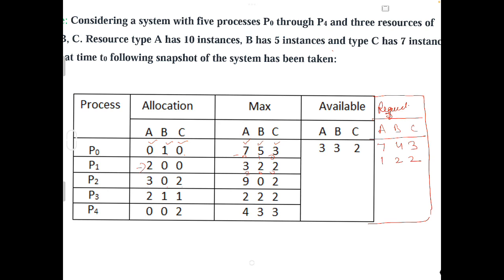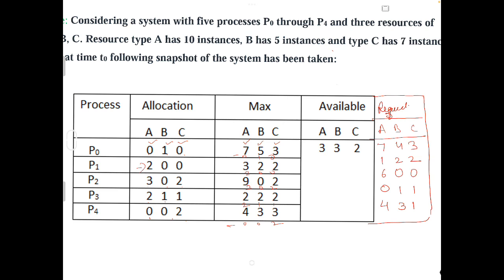Then 3, 0, 2, so 6, 0, 0 will be required. Now 2, 1, 1, so 0, 1, 1. Then 0, 0, 2; we'll subtract it and get 4, 3, 1. So this is the maximum number that it will still require.